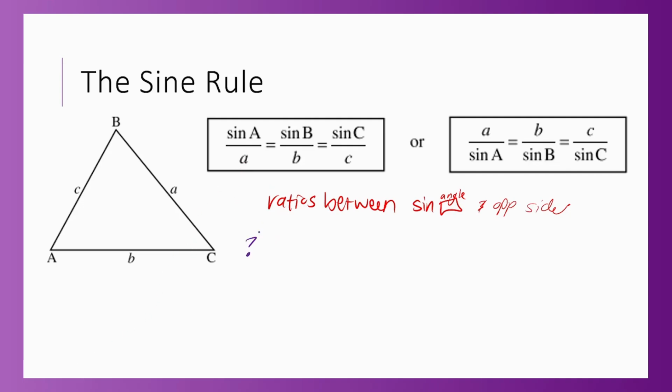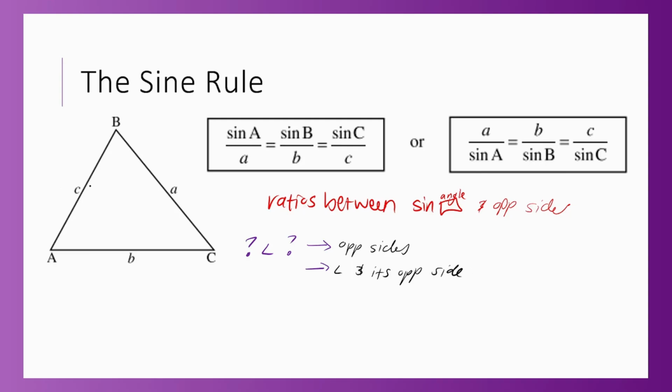If your question is asking for an angle, what you need is two things. The one is the opposite side, and the other thing is an angle and its opposite side, so the pair.